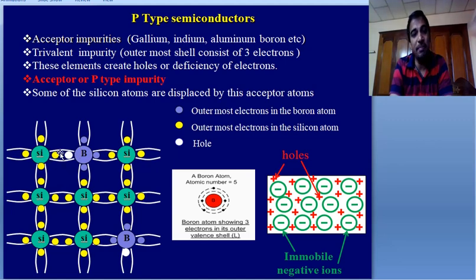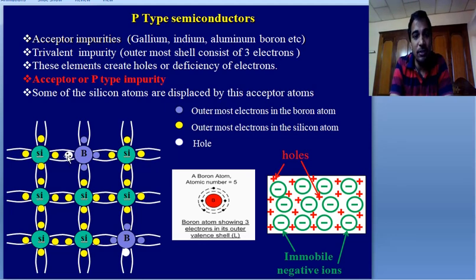So simply I call it a hole, which is also a charge carrier. Hole means absence of an electron in that covalent bond, right? Suppose you send one electron, it will easily accept it. That's why it is called an acceptor impurity. If you send one electron into this bond, easily it will accept it.